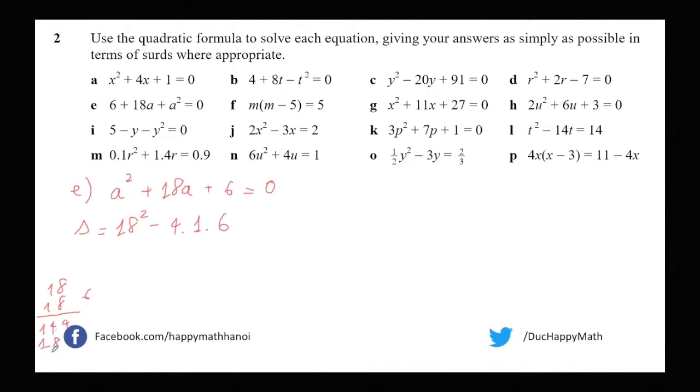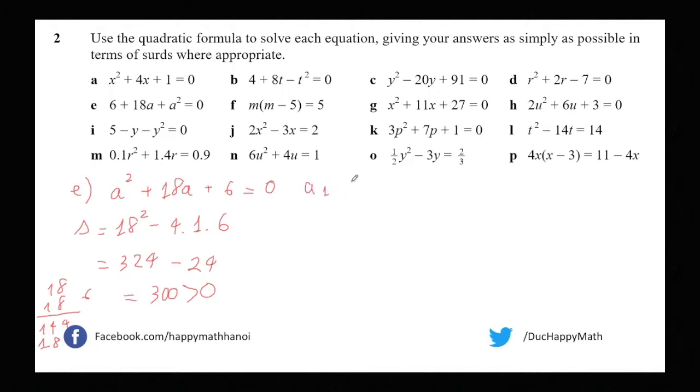So this one will be equal to 4, 2, and 3 minus 24. Let me check again. Okay, I write. So this delta will be greater than 0.